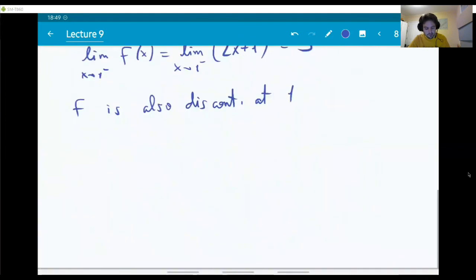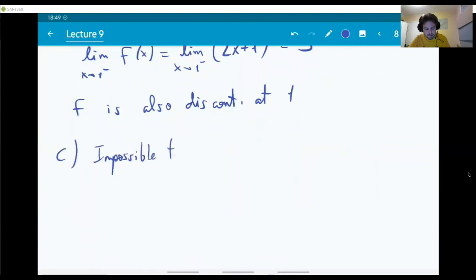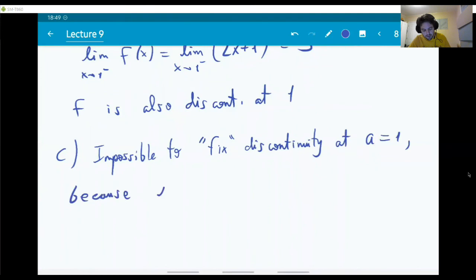So starting with this number in C, it is impossible to, let's say, fix discontinuity at a equals 1. This is because this limit did not even exist. So whatever you choose to be f of 1, it's still going to be a discontinuous function.